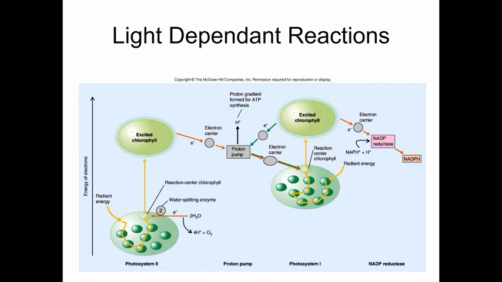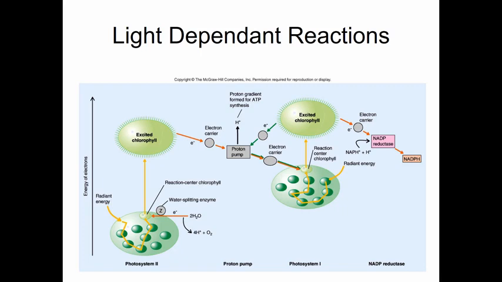And in this case, it forms the reducing power NADPH by sending it through an enzyme known as NADP reductase. The two products of the light-dependent reactions are ATP and NADPH. The ATP is produced after photosystem 2. The NADPH is produced after photosystem 1.